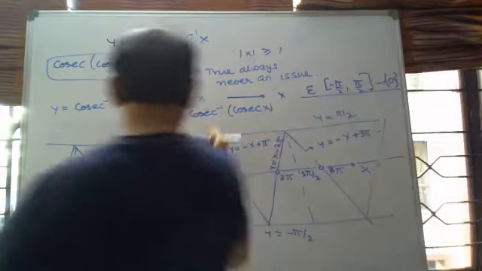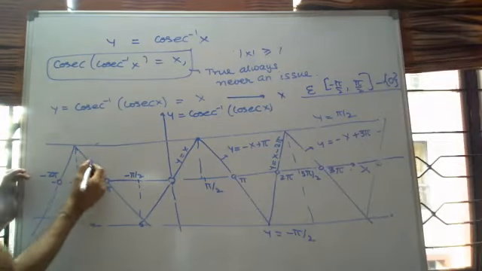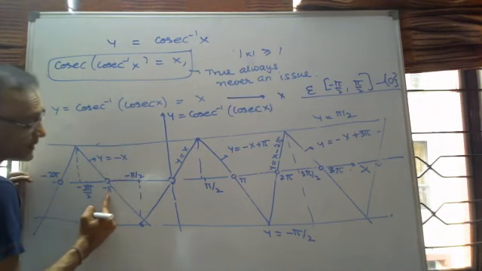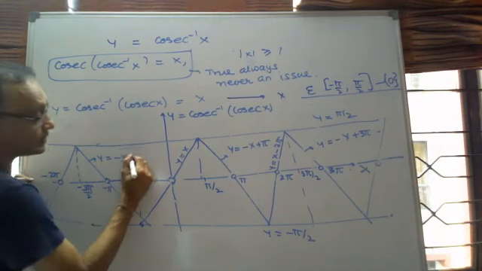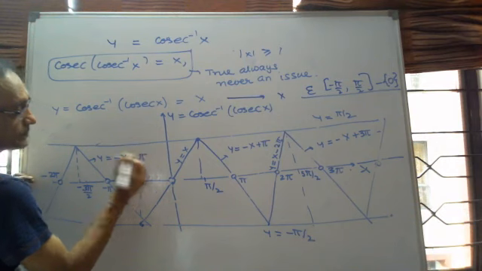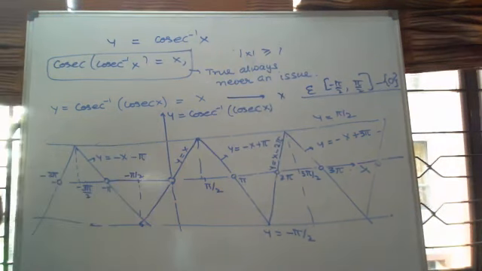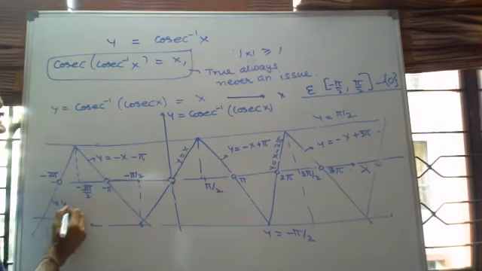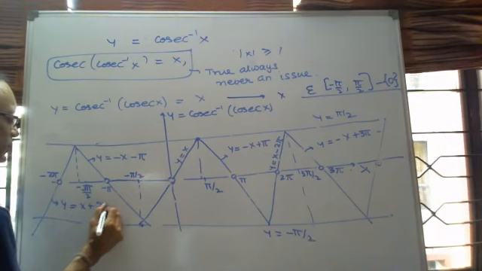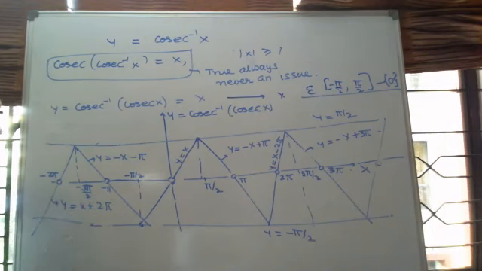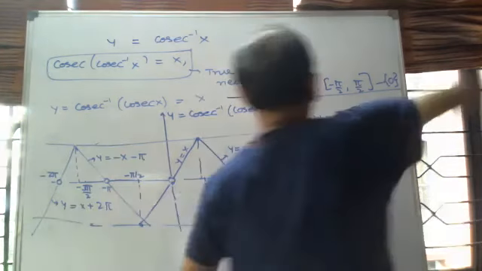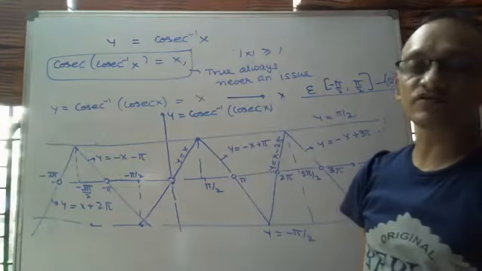It will keep going like this. On this side, this is y equal to x, so the slope will be -1, y equal to -x, and at x equal to pi it will be 0, so this becomes plus pi, minus pi, because at x equal to -pi this plus pi minus pi becomes 0. This will be y equal to x plus 2 pi, because at x equal to -2 pi this is 0, and its slope is -1, this is +1, the trend will follow. This is the graph of cosec inverse cosec x.